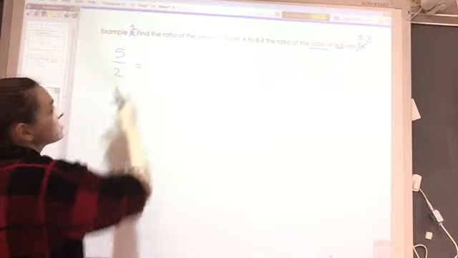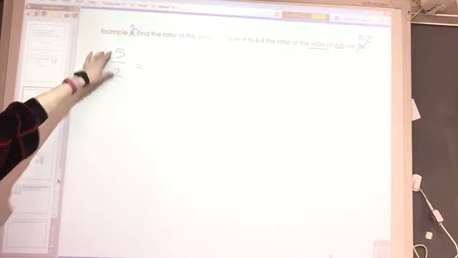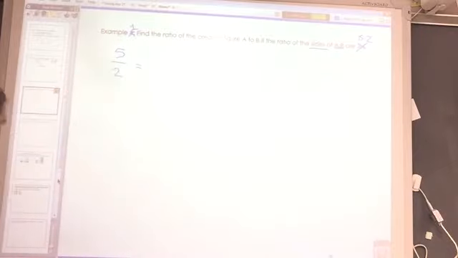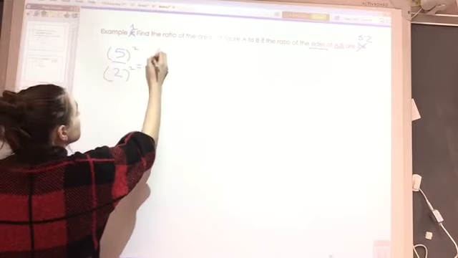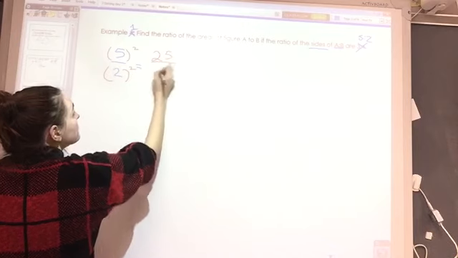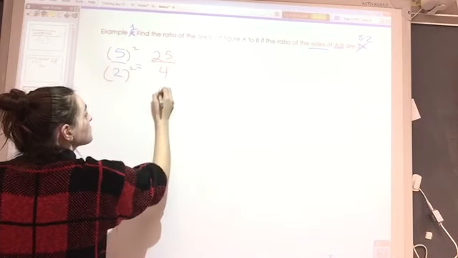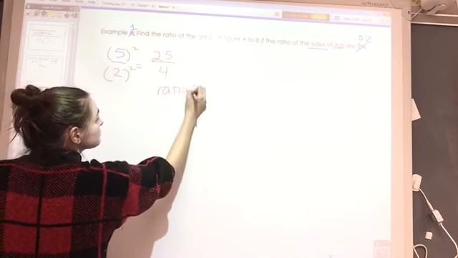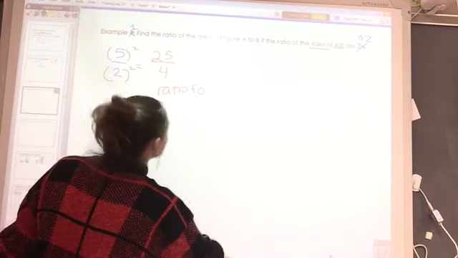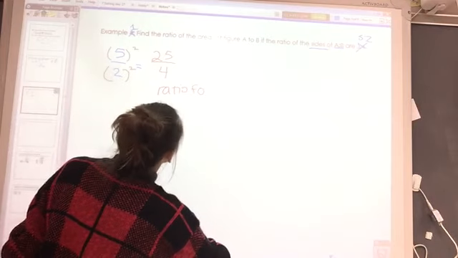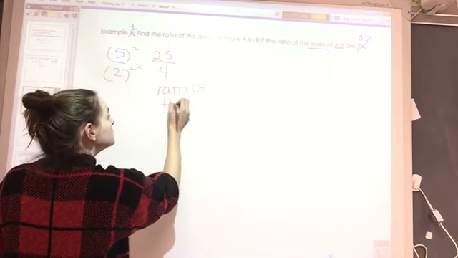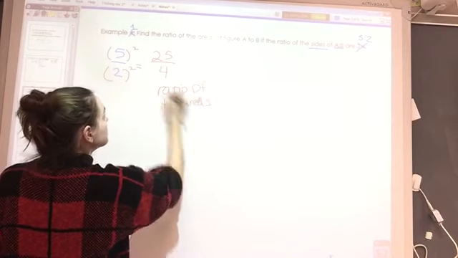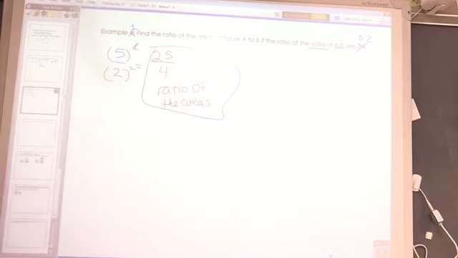So how could I find the ratio of those areas? What would I need to do with 5 over 2? I would need to square them. So it would be 25 over 4. This is the ratio of the areas.